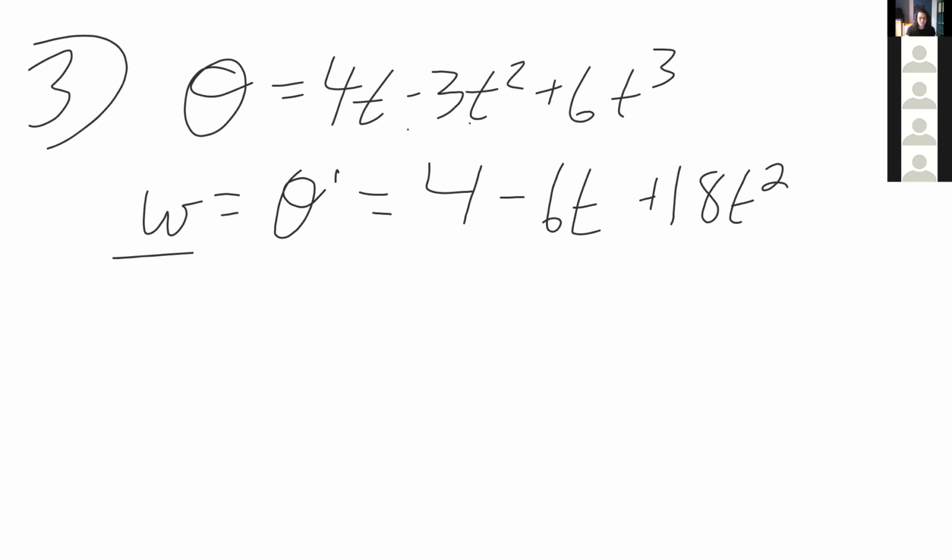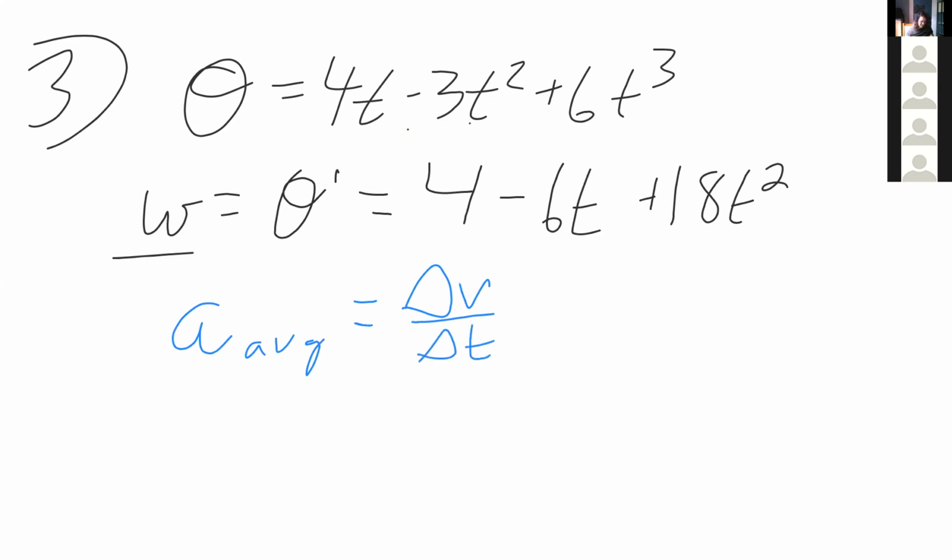But if I want just average acceleration, remember that the average acceleration is, let's just talk about it in terms of linear quantities. So if I wanted to find just an average linear acceleration, I would do just delta v over delta t.